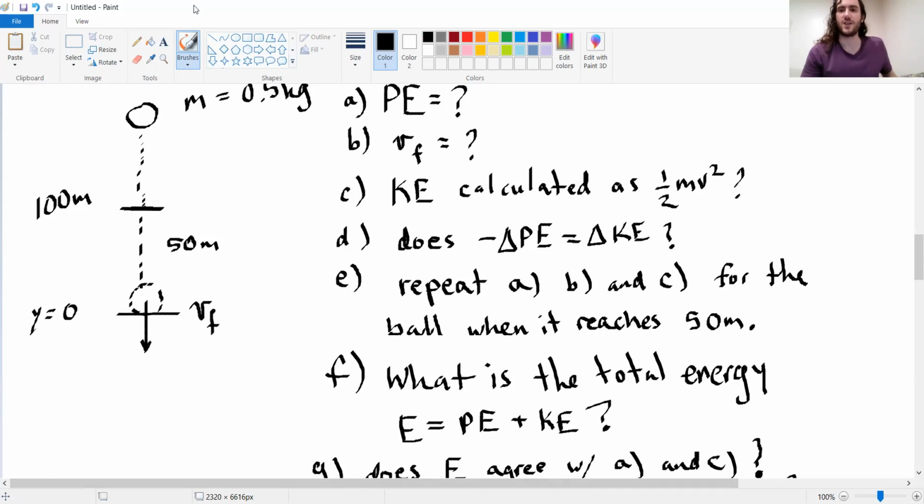You can put answers in the chat as you get them. Does anybody have the potential energy of this mass at its highest point here?